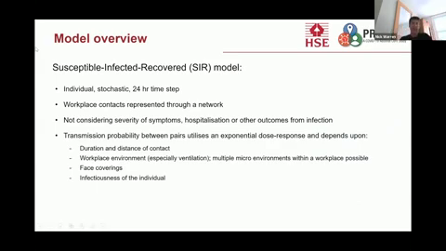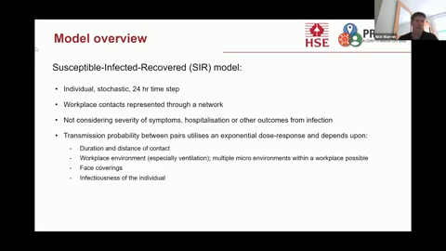It's a pretty standard epidemic SIR model. It's individual-based and stochastic, with a 24-hour time step. The agents are the workers, and the interactions between the agents are the contacts that they have. Those contacts are represented through a network. It has most of the standard features, such as symptomatic and asymptomatic individuals and an incubation period.